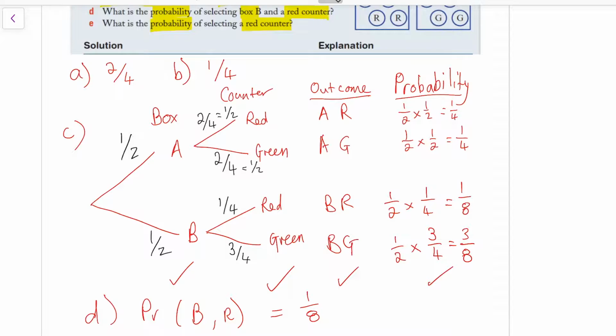Okay, so now we want to just select a red. So the probability of me selecting a red counter could be from box A or it could be from box B. So the probability of box A red is 1/4 plus the probability of me getting a red counter from box B is 1/8.